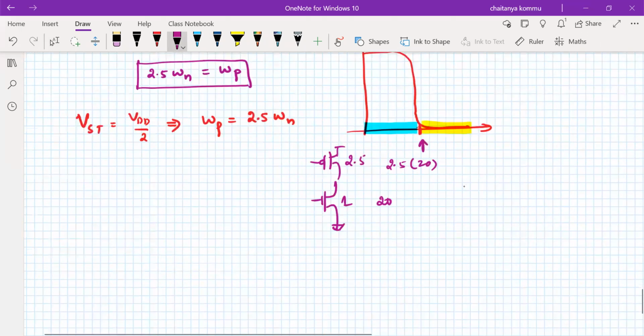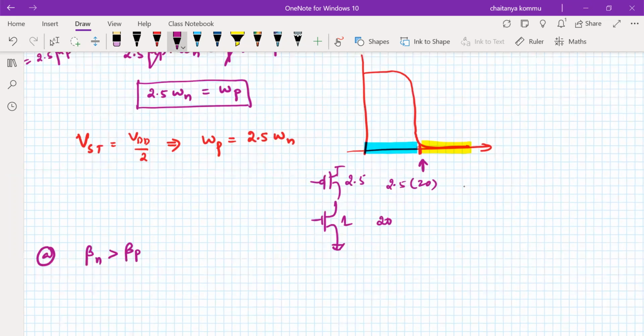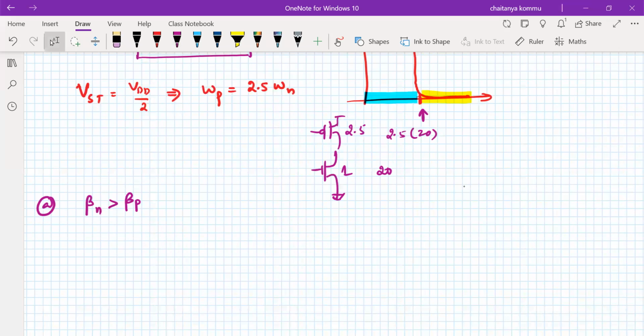So let us see another case. What if, as I mentioned in case number 1, beta n is greater than beta p. Suppose I did not take it like that, I took a higher beta n. Then what happens? What we observe is Wn is greater than Wp. That means the width of the NMOS transistor is higher than the width of the PMOS transistor.